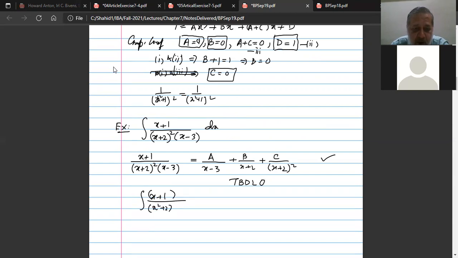x squared plus 2. That is, I made this linear factor a quadratic factor and I also repeated it. Linear factor will appear once. Quadratic factor will appear twice, one with power 1, Bx plus C upon x squared plus 2, and Dx plus E upon x squared plus 2 whole squared.